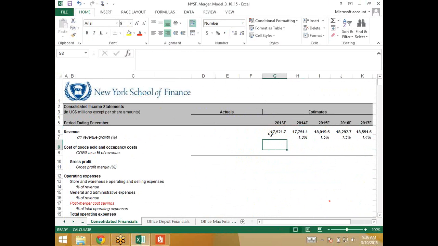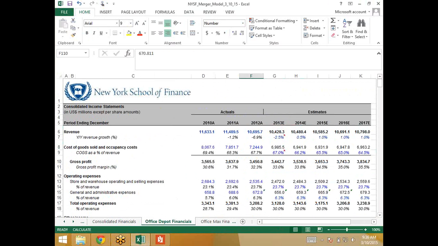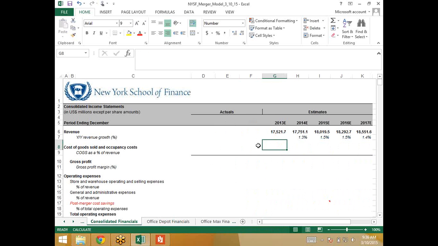So pretty low growth, which is interesting, actually. I'm surprised at that. Who's driving that? Yeah, Office Depot is very low. Gotcha. Office Max is a little higher.